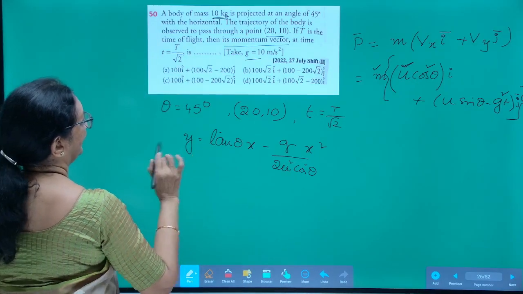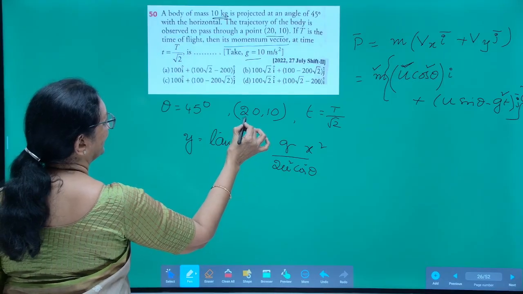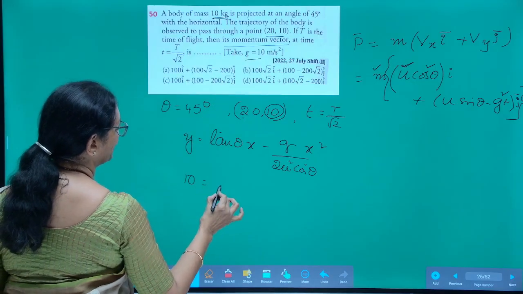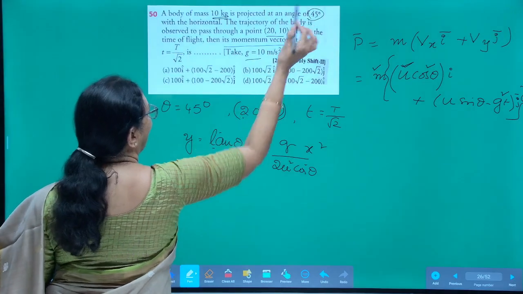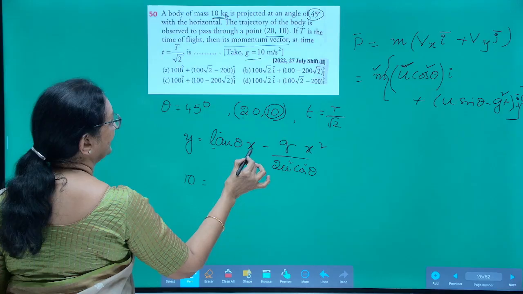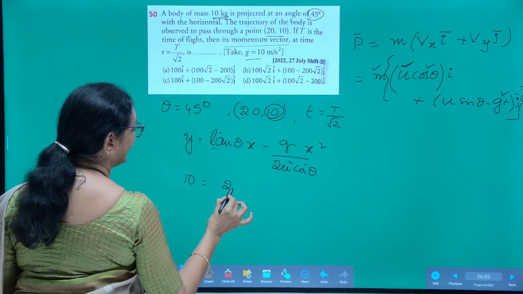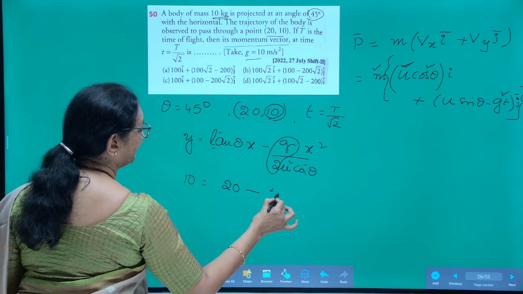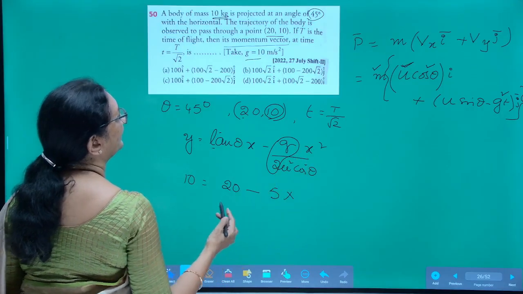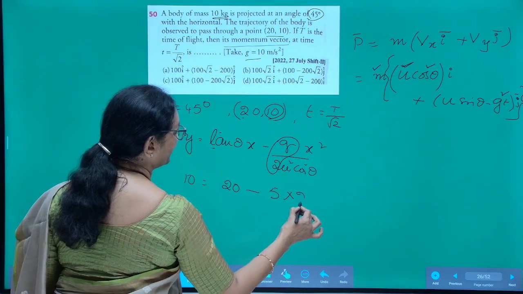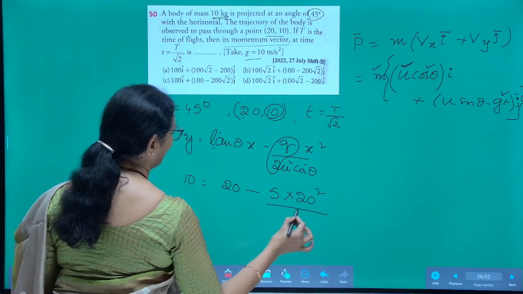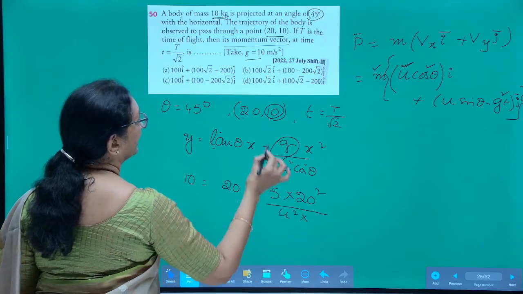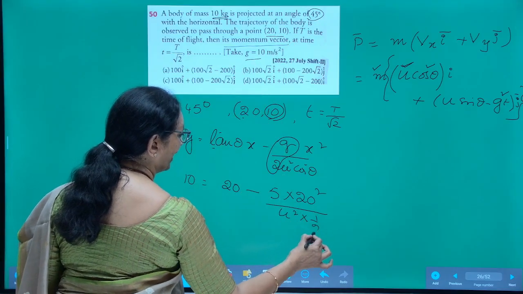Okay. So, if you substitute these two, y is equal to tan 45, which is 1, times x, where x is 20, minus g by 2, that is 10 by 2 is 5, times x square, that is 20 square, divided by u square cos square 45, which is u square into 1 by 2.